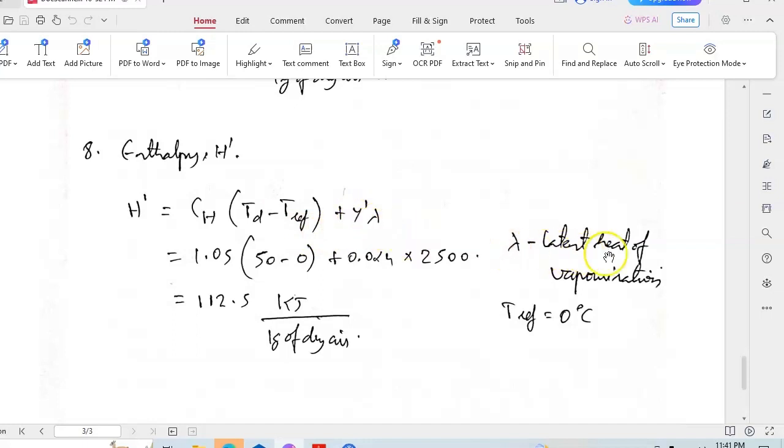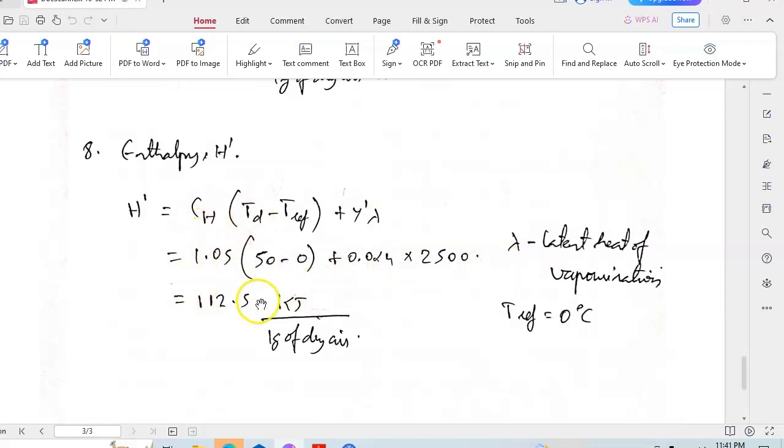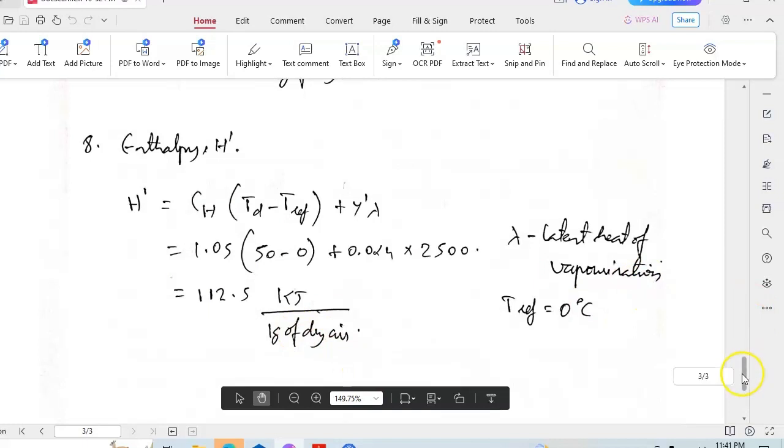Lambda is the latent heat of vaporization. Substituting in this equation, we get the enthalpy as 112.5 kilojoule per kilogram of dry air.